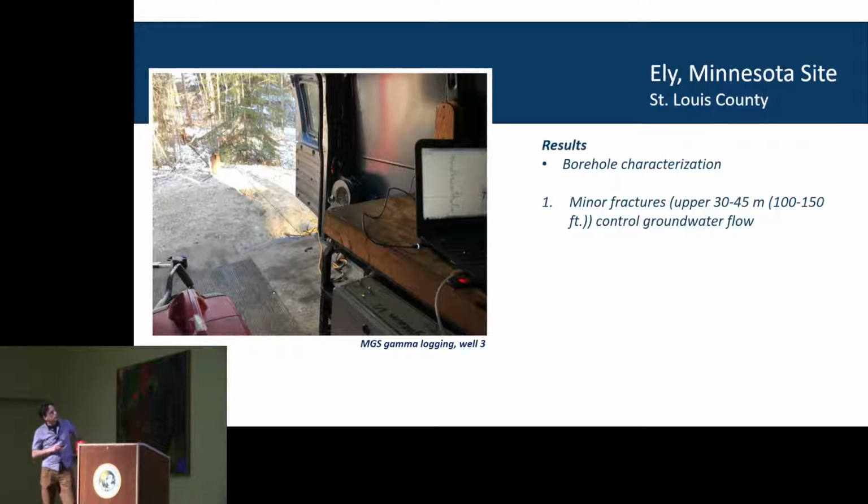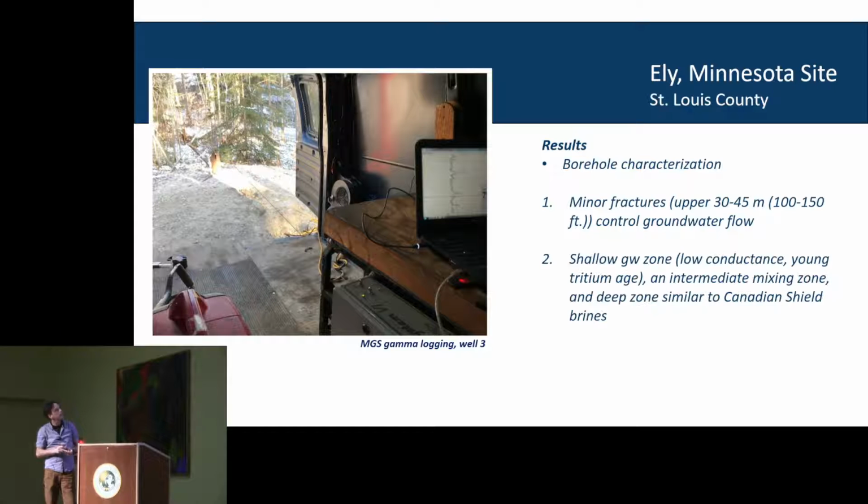So the results, borehole characterization: the Geological Survey went out there and hit it as hard as they could with all their tools and made a fairly long report summarizing it. They found fairly minor fracturing in the upper 30 to 45 meters. So fracturing, kind of like a fractured skin close to the surface, and then it just decreased with depth.